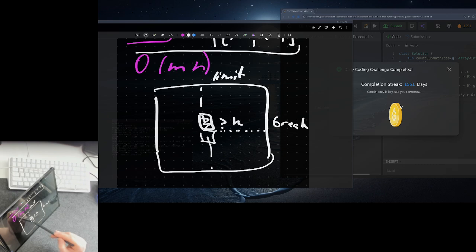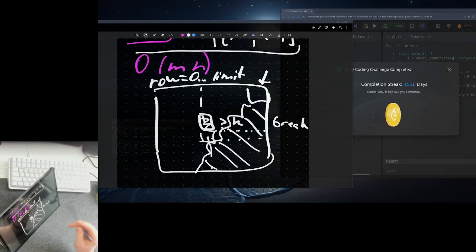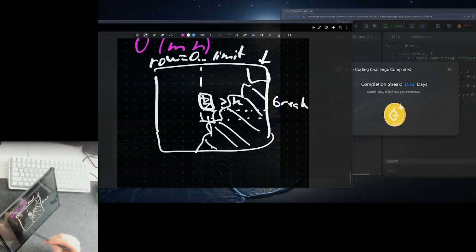We don't have to check the next cell also, it would be just a limit. So that means for each row we count from 0 to limit, and initially the limit is here, and then it goes like a staircase, and this would be an optimization, but still the solution is O of m times n.